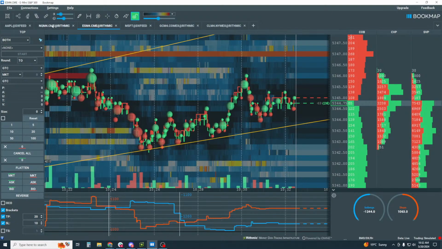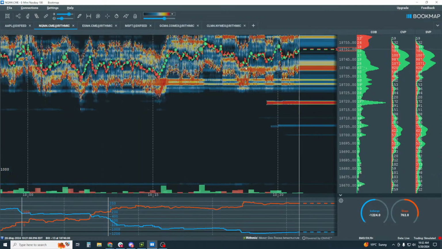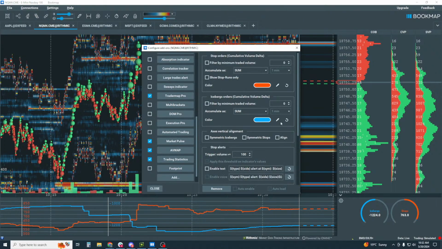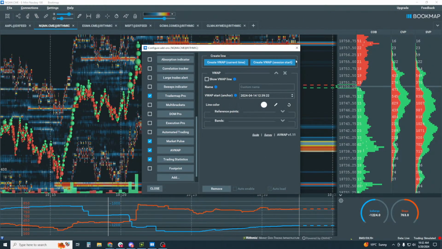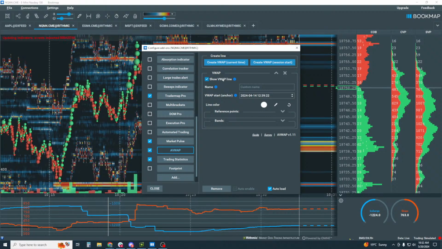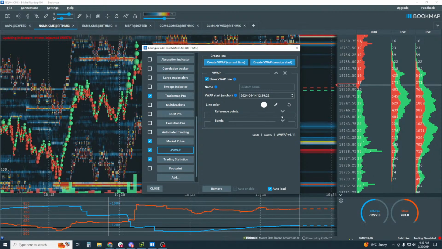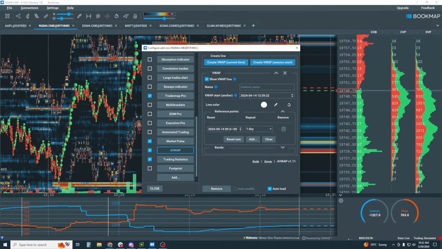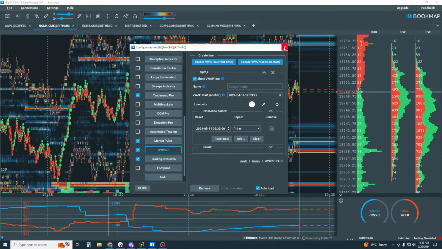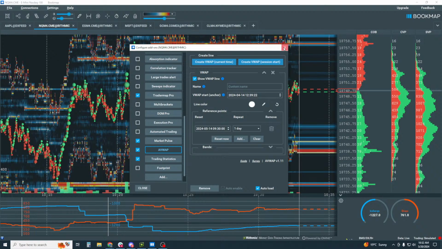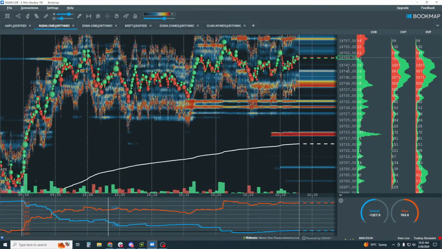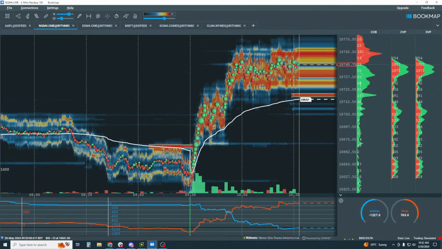All right, Alan, you want to look at the NQ, and we'll look at the anchored VWAP here. All right, so I got an anchored VWAP here that reset on the cash open.